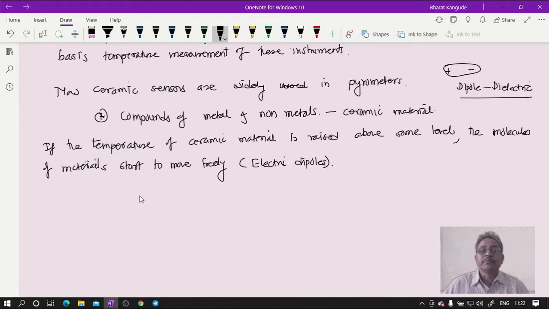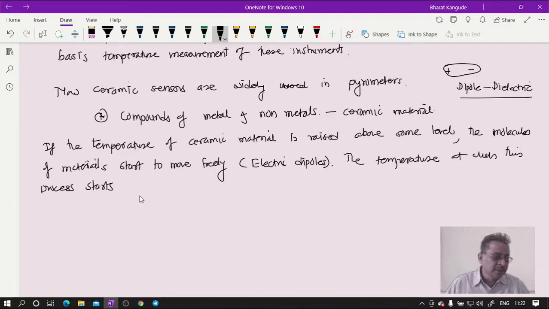The temperature at which this process starts to happen is called, okay, remember this definition, it may be asked in short answer questions, the Curie temperature, C-U-R-I-E, Curie temperature.